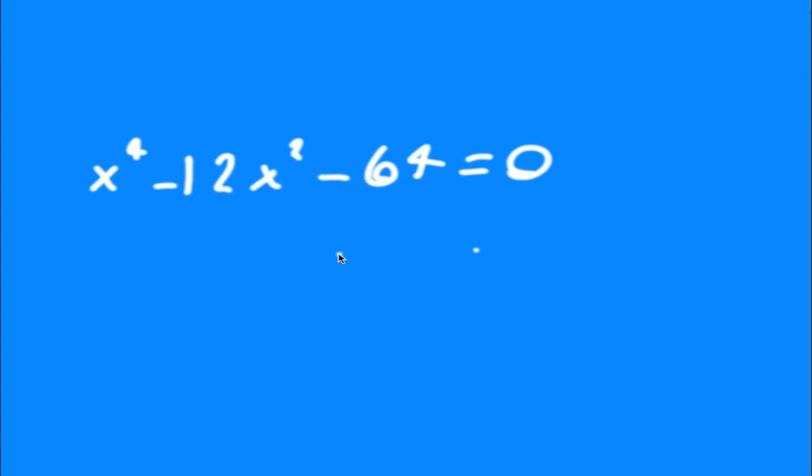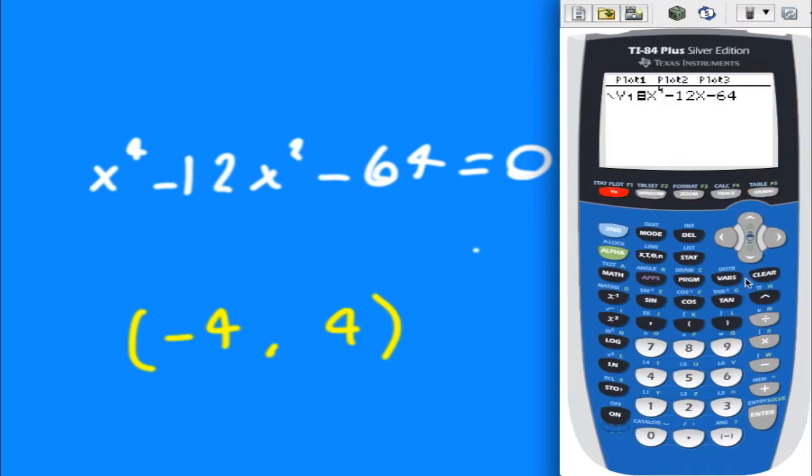What we are going to do is look at our options, and one of them is going to have a -4 and a 4. So you're going to take out your calculator and plug your option into the function.